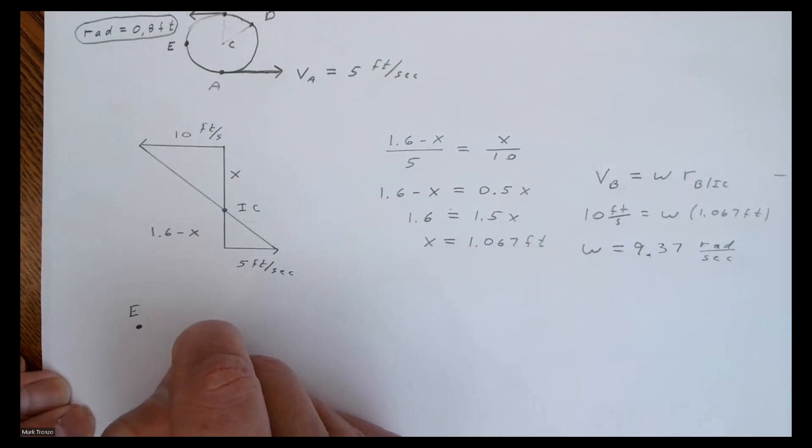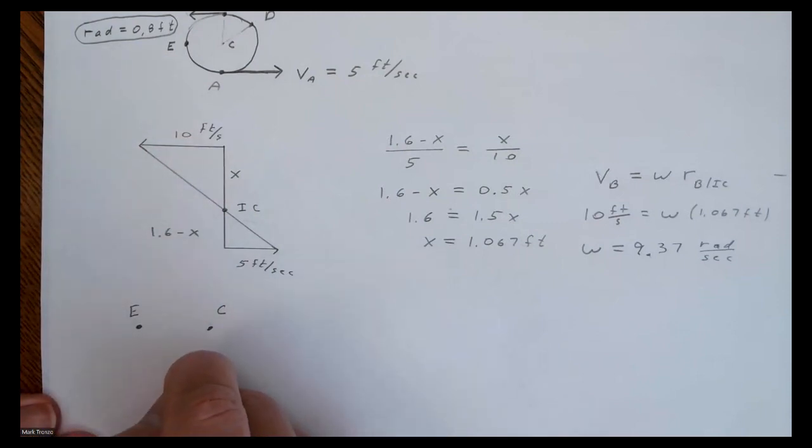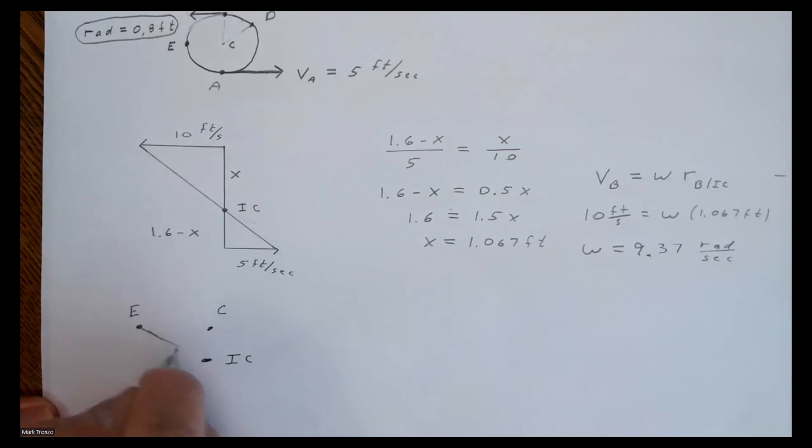And again, the center C is here, but the instant center is below C. The instant center is down here. And so we need to find this radius right here. Maybe call this RE.